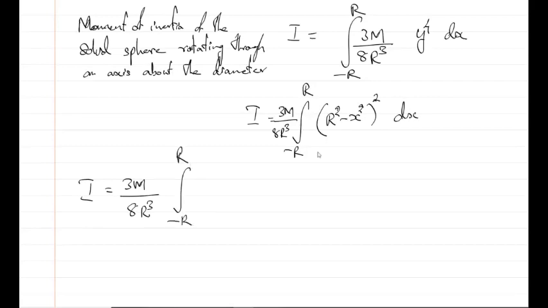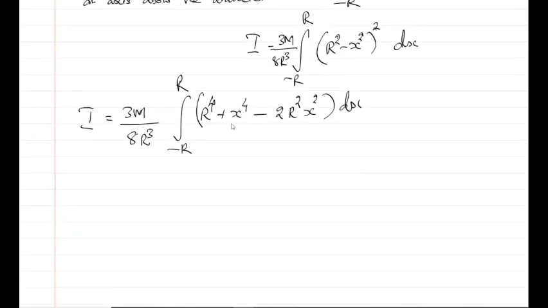So expand this. This becomes r power 4 plus x power 4 minus 2r square x square. The whole thing is integrated with respect to dx. This is equal to 3m by 8r cube.